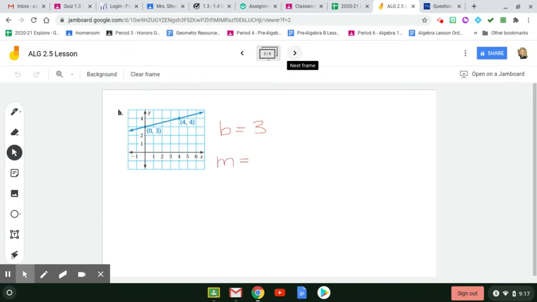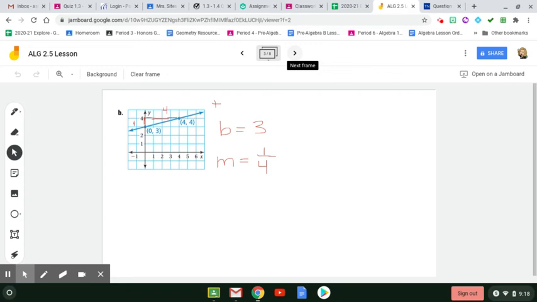I'm going to start at my lower point and go to the higher point. I know overall the shape of my graph is headed in a positive direction, so I know my slope is positive. I'm going to go up 1 unit and then over 1, 2, 3, 4 units. So that means my slope is 1/4 since I went up 1 and then to the right 4.